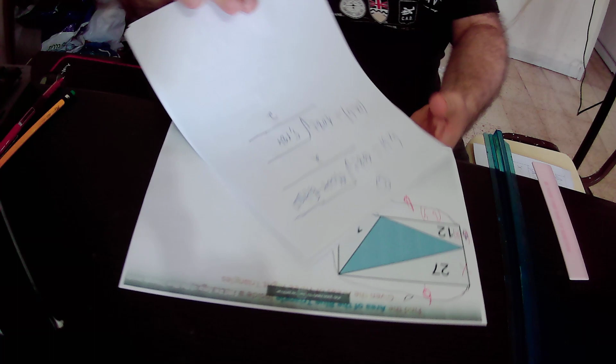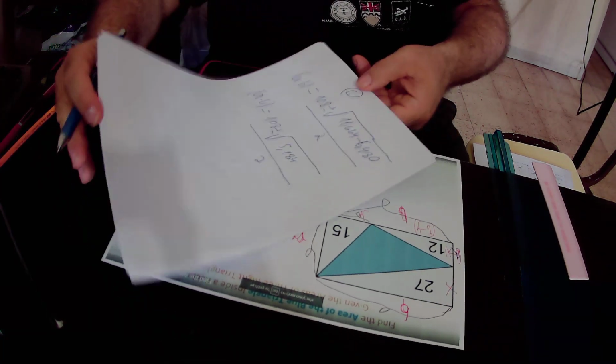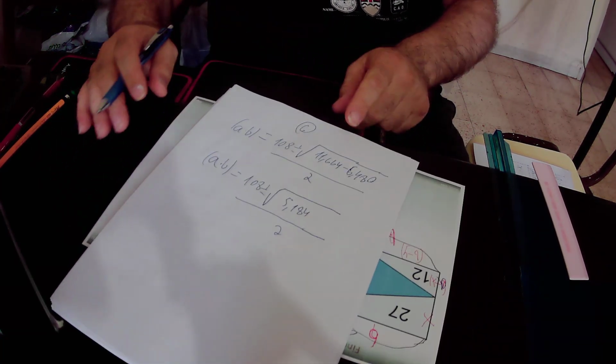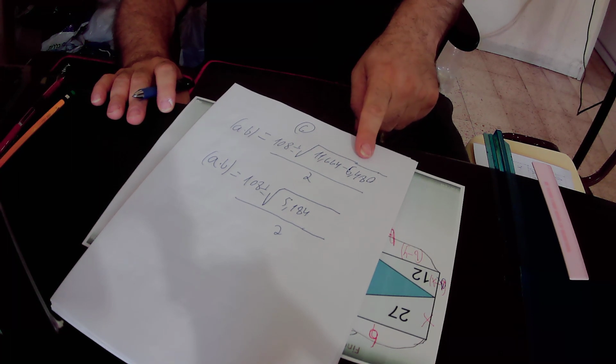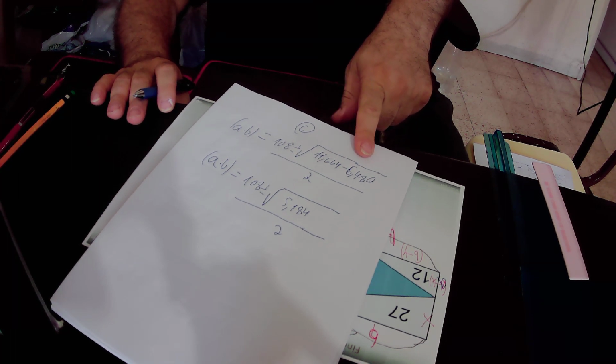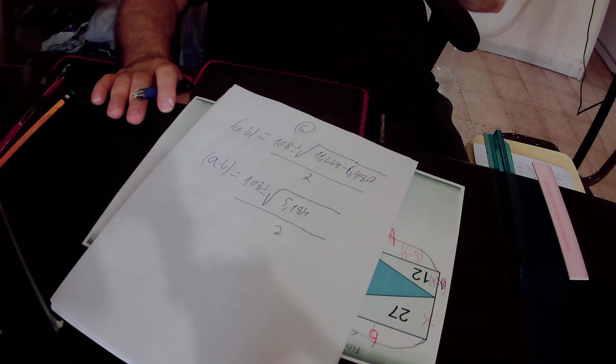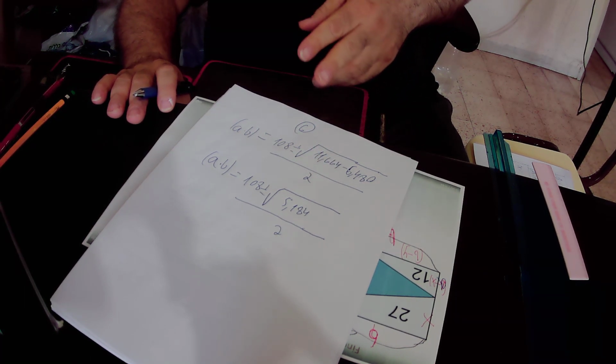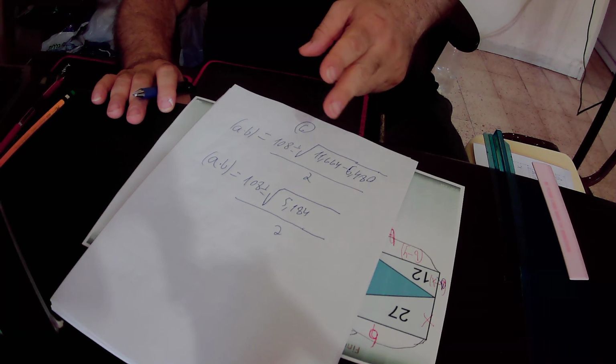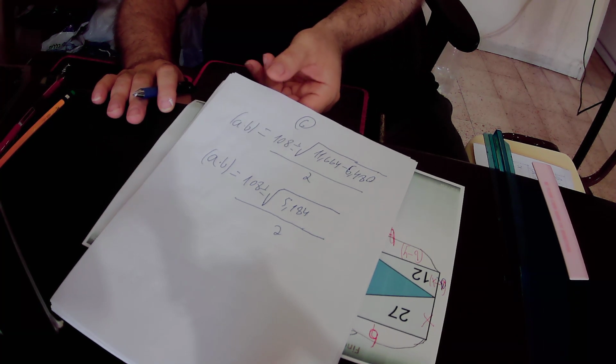I repeat again: 11,664 minus 6,480 equals 5,184, and the root of 5,184 equals 72, so I write it down.